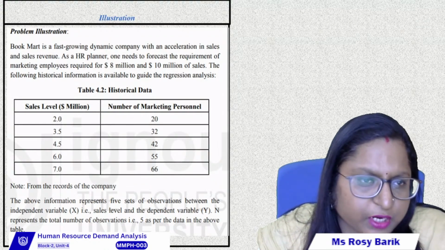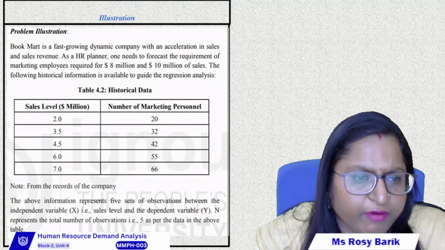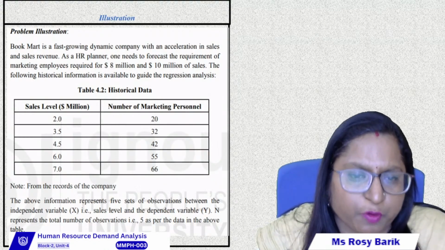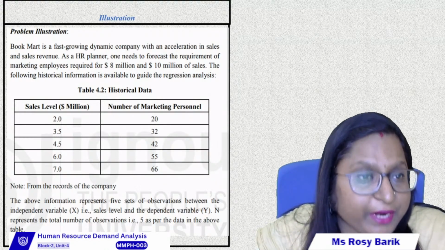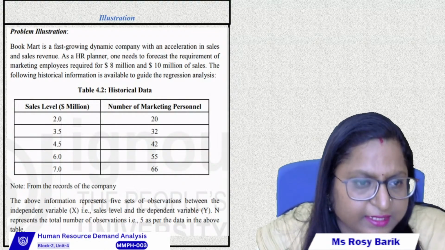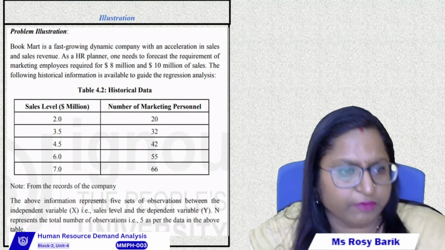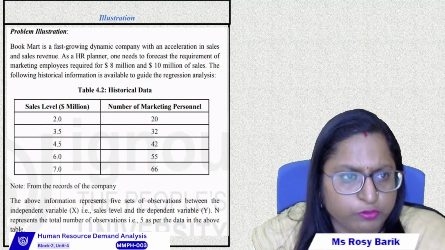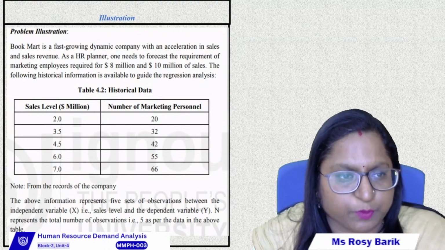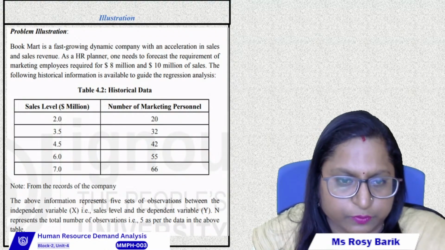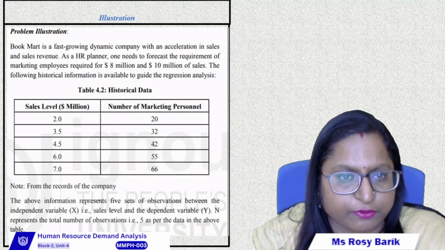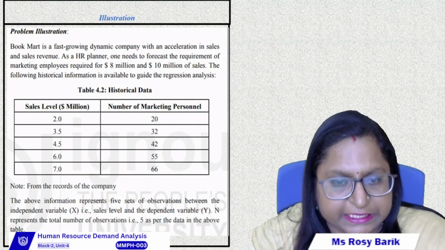From the records of the company we get to know the above information represents 5 sets of observations of the independent variable x, that is sales levels. Here the independent variable x is equal to 2, 3.5, 4.5, 6.0 and 7.0, and the dependent variable y represents 20, 32, 42, 55 and 66.